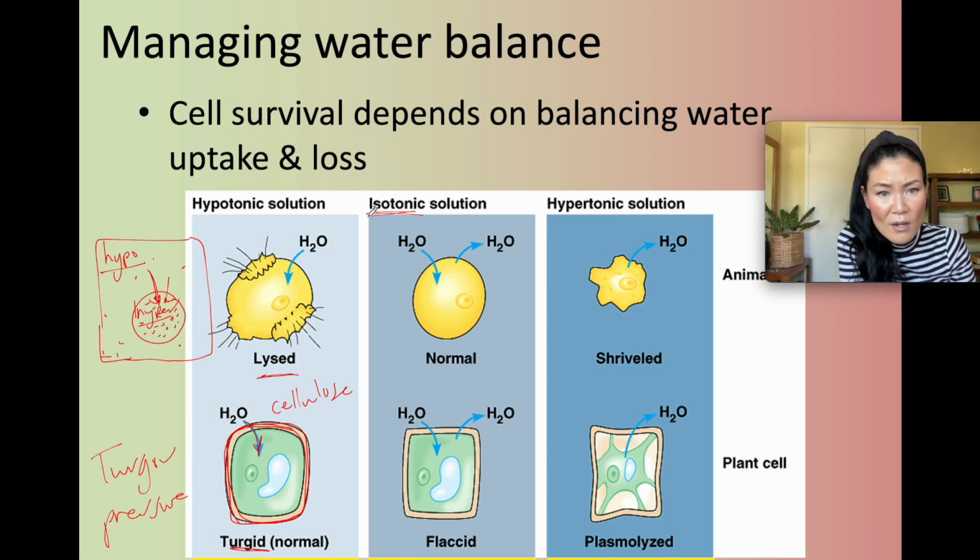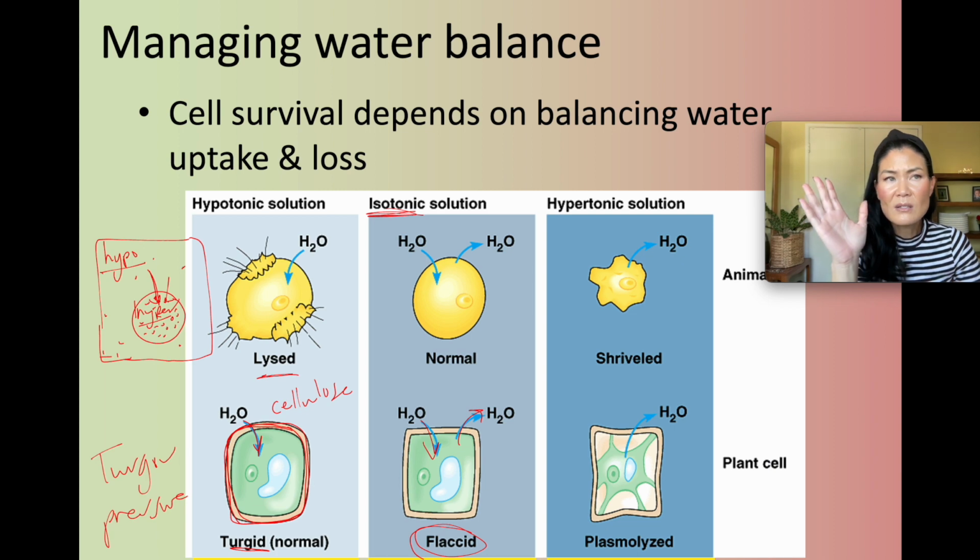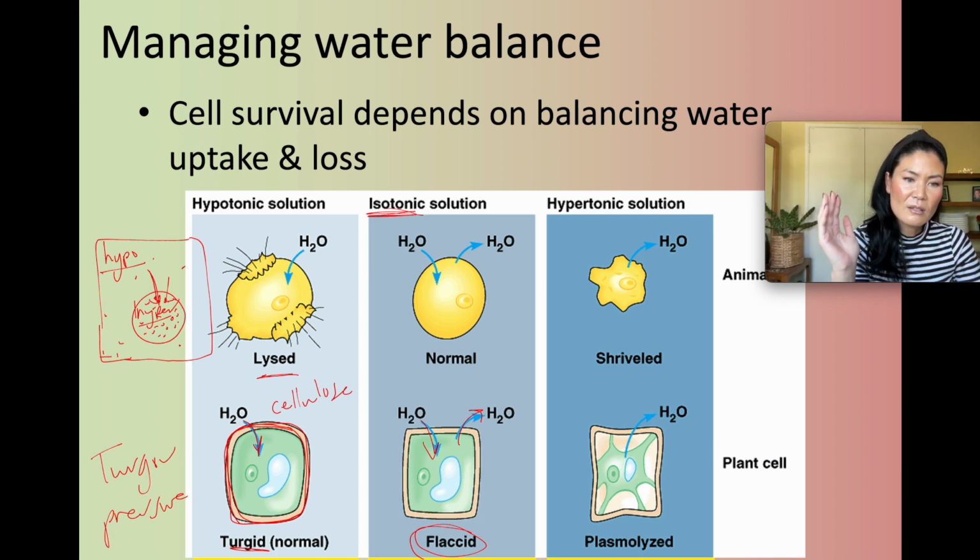However, in an isotonic solution, let's talk about a plant cell first. In an isotonic solution, there's equal amount of solute inside or out, so there's equal amount of water going in and out. And for a plant cell, it's going to become flaccid, okay? Flaccid means it's limp and it's bending over. So a plant is no longer standing upright, it's lost its uprightness and it's bent over, okay?